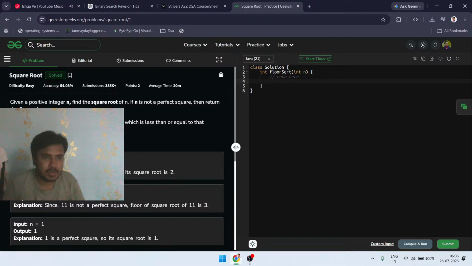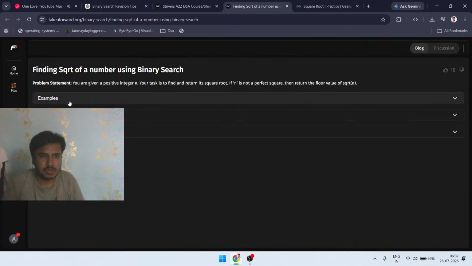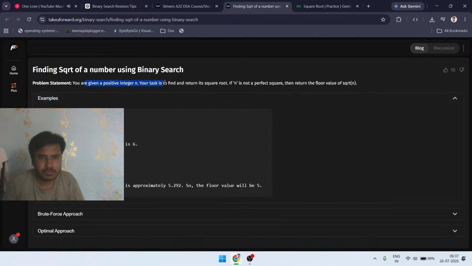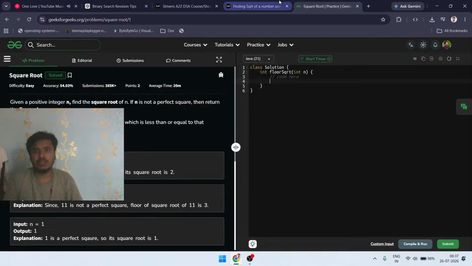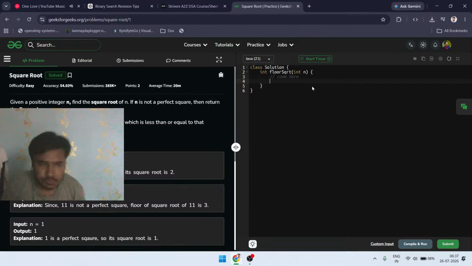Positive value, not positive value. I guess this is the same question. Just repeat the question. Okay. So, given a positive integer n, find the square root of n.